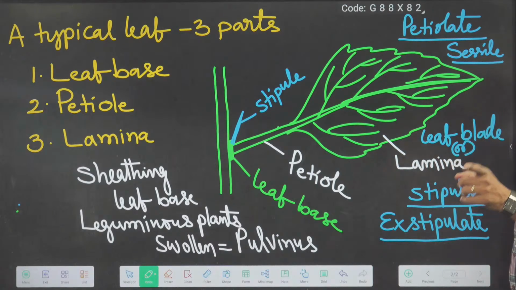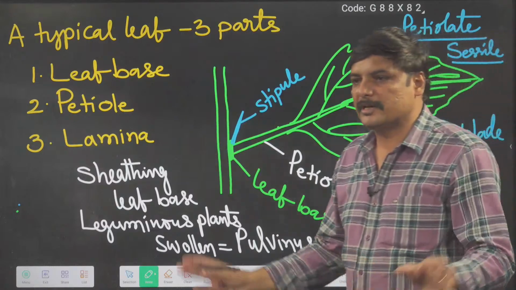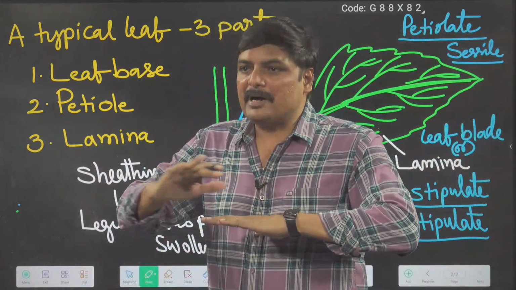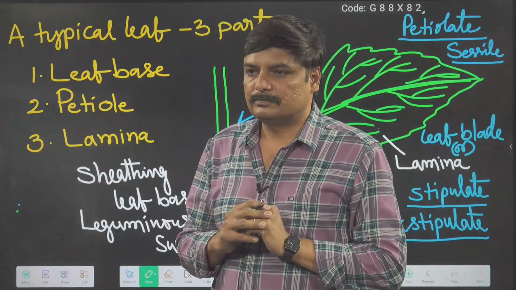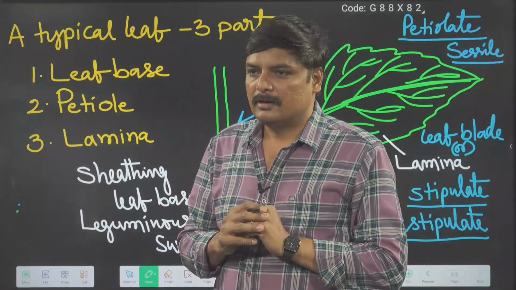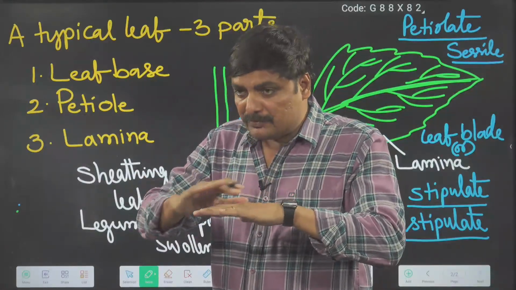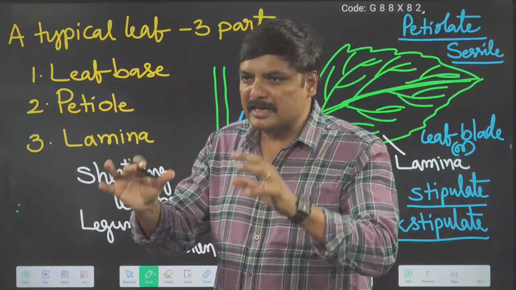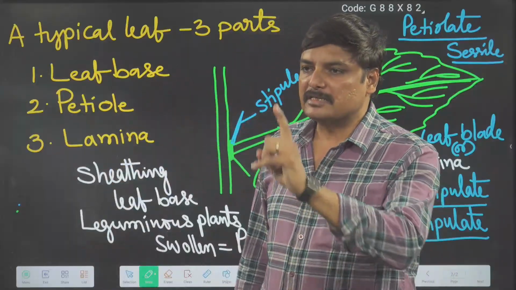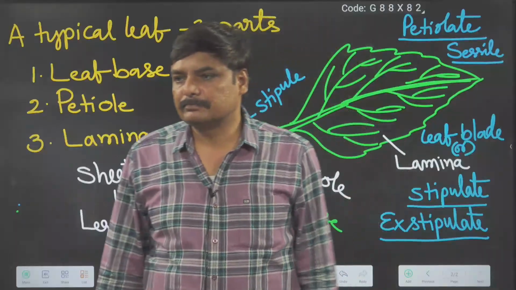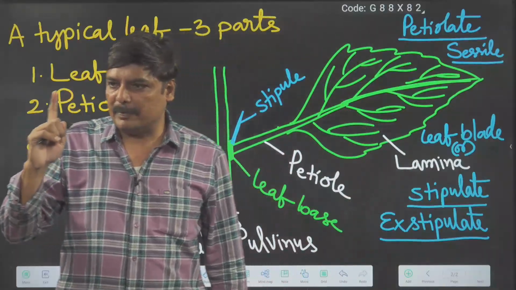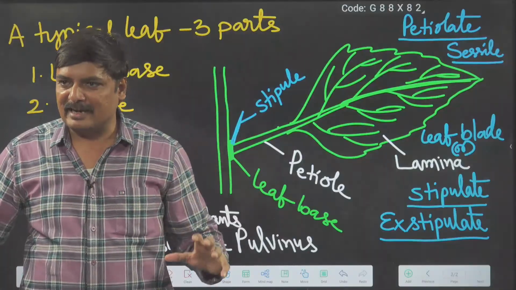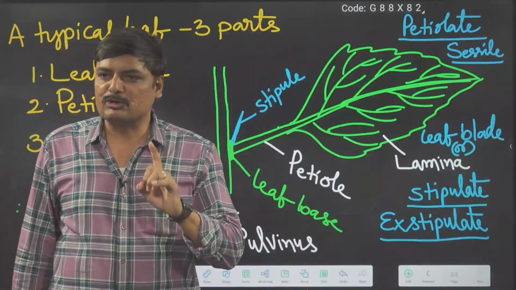Leaf blade or leaf lamina, both are the same. The expanded part of the leaf which contains veins and veinlets is called lamina.